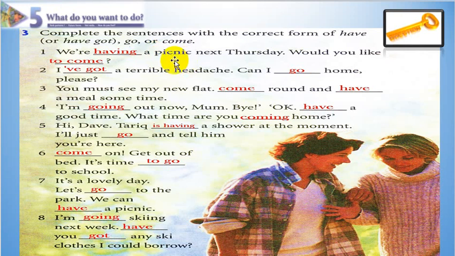Have a picnic نخرج في نزهة هو have a picnic. Would you like to come؟ هاي هنا from your common understanding من فهمك للجملة من معلوماتك العامة تقدر تحط بمجرد انه تعرف انه picnic مو go a picnic ولا come a picnic، وإنما التعبير هو have a picnic، فتقدر تحط الفعل الصحيح.